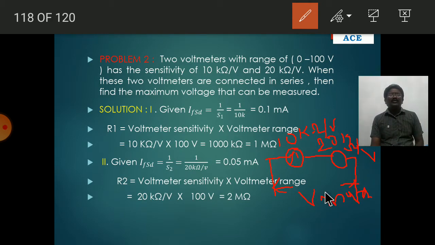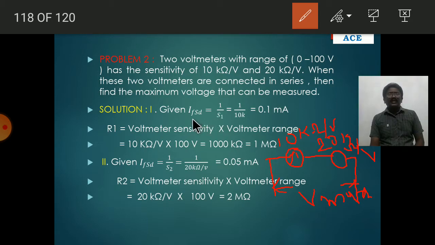So now you have to calculate one by one. First, I am going to calculate the resistance value of the first meter. Already given, S1 is equal to 10 kilo ohms per volt. You already know the sensitivity of the meter, S1 is equal to 1 by IFSD.